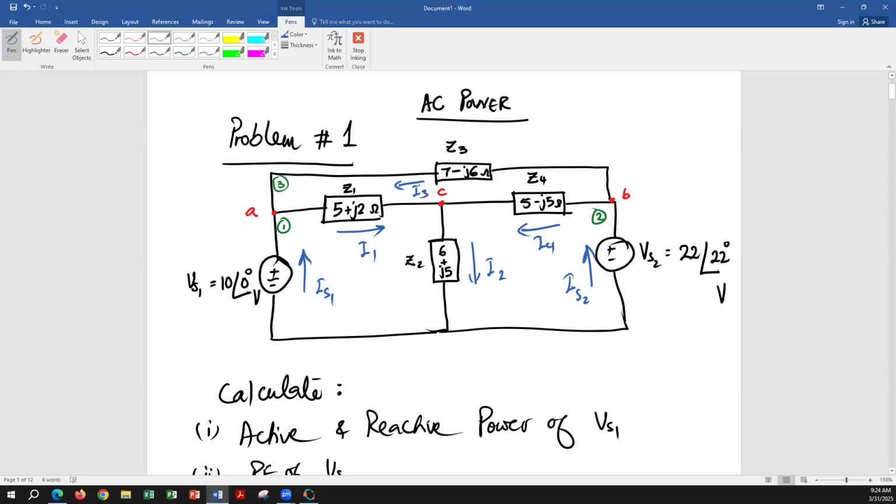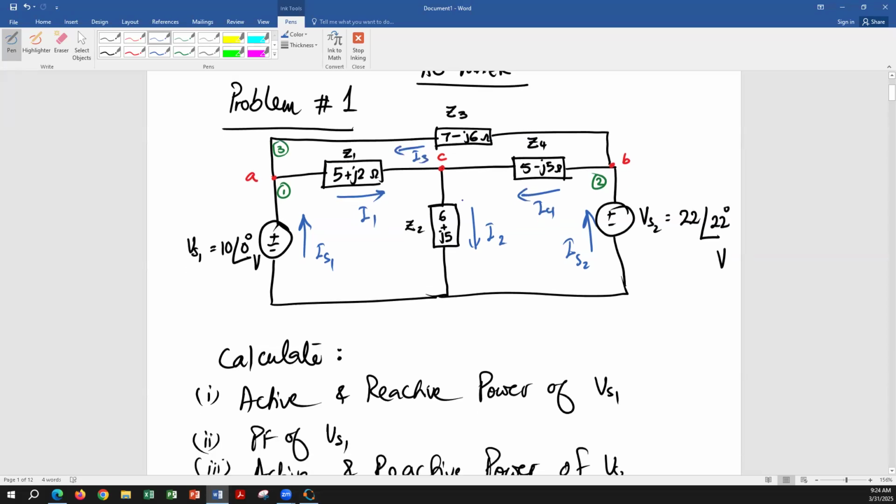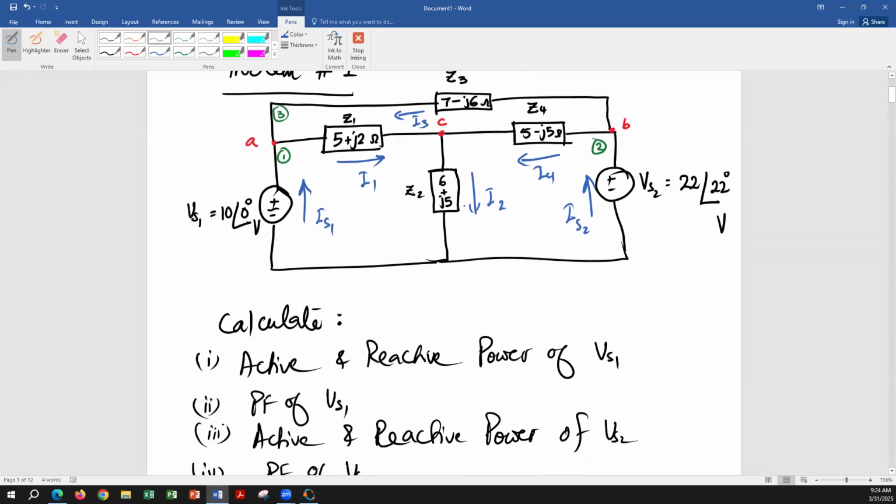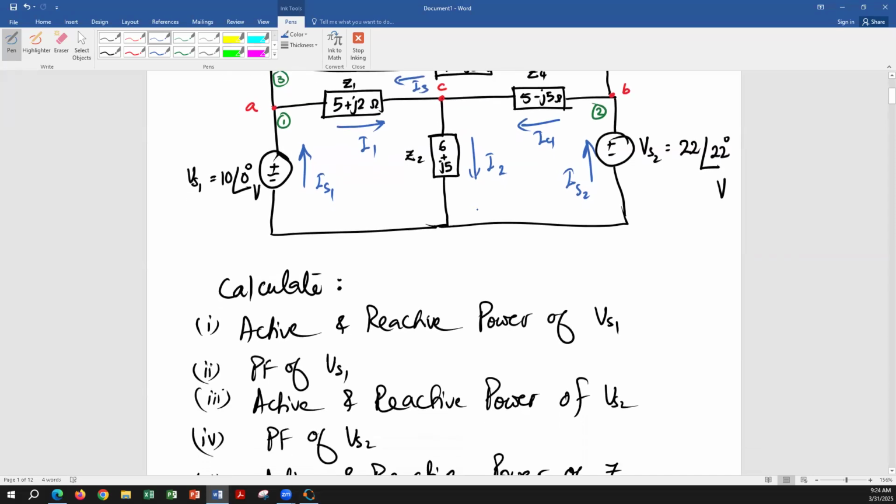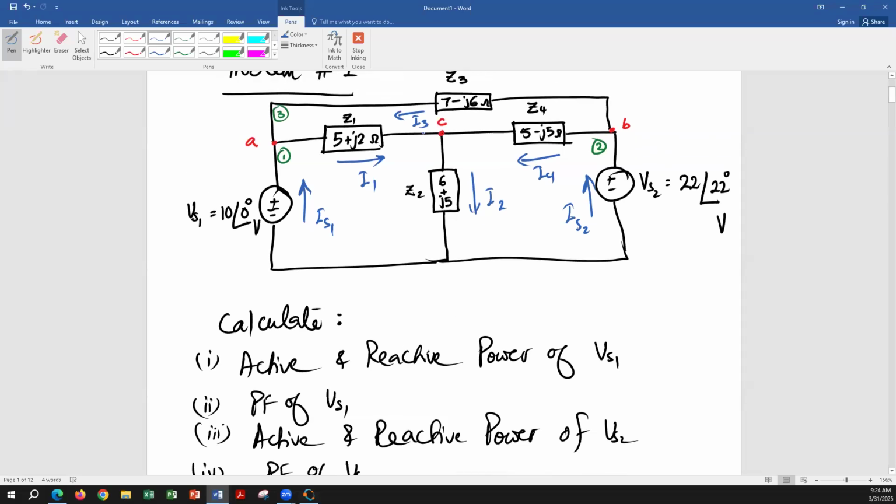Again, the directions are shown, so we're going to use those directions when we are writing equations for KCL as well as Ohm's law. Remember, it all depends on the direction of current that you choose. Your answer should be according to the direction that you choose, and you should write your equations according to those directions. So when we apply KCL at node C, what will be the equation?